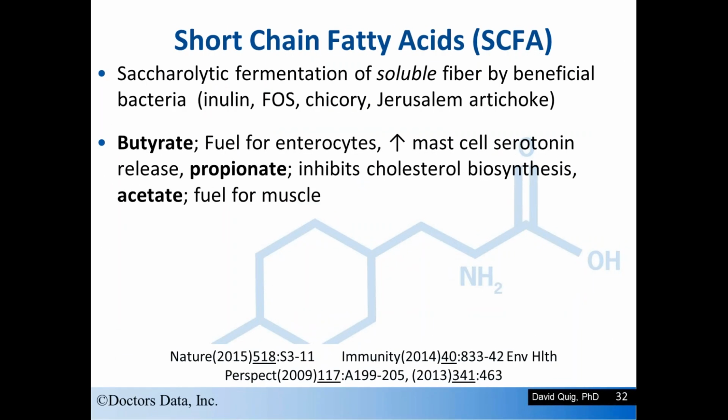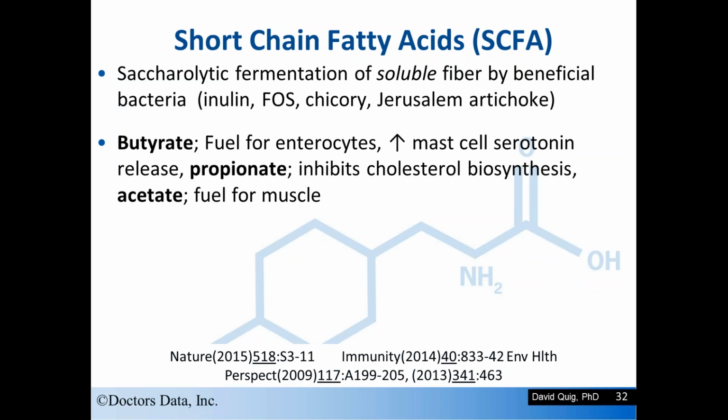Now, I can't say enough about short-chain fatty acid analysis. Short-chain fatty acids, as you know, are formed by saccharolytic, that is carbohydrate or oligopolysaccharide, fermentation of soluble fiber by the beneficial or commensal bacteria, including many of the commensal Clostridia species, or Clostridium species.